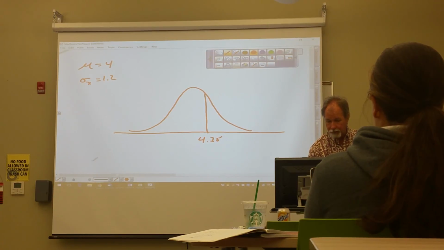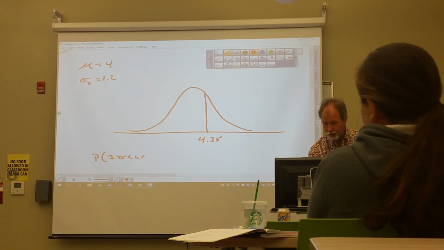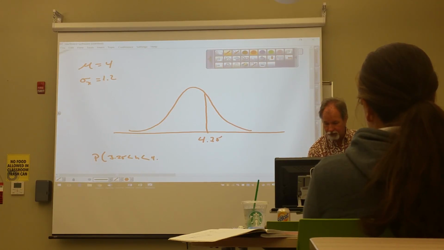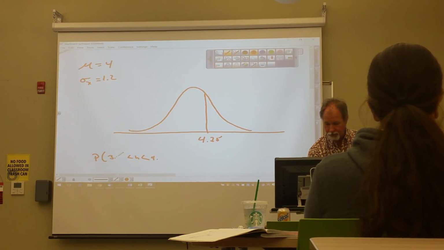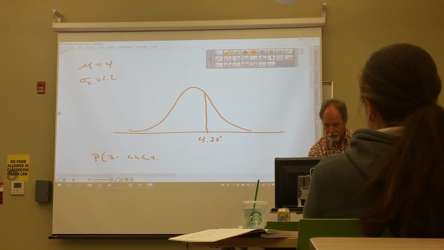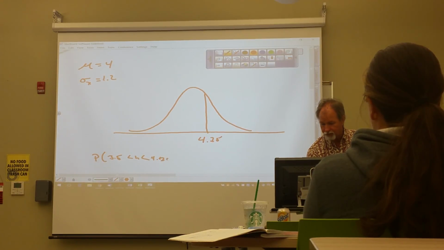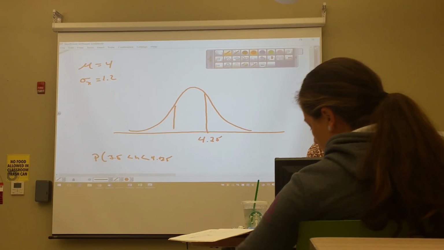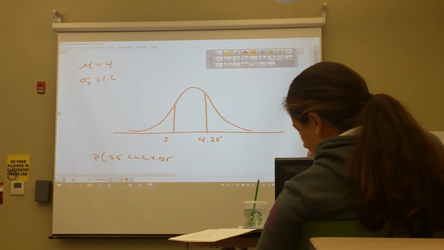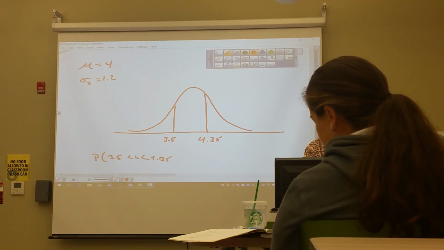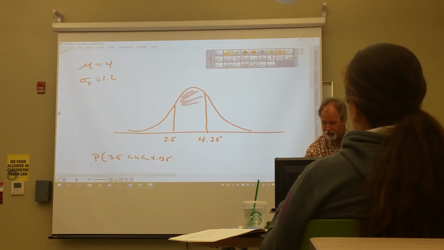And it wanted to find the probability that the number of hours was between 3.5 and 4.25. And it wanted us to find this probability here.